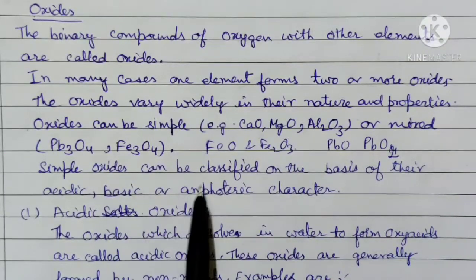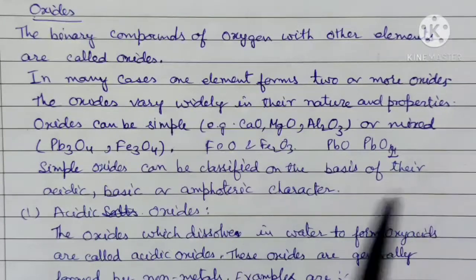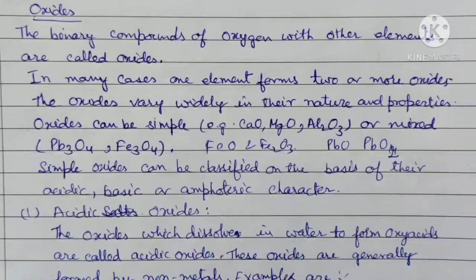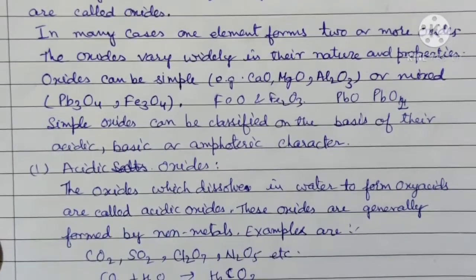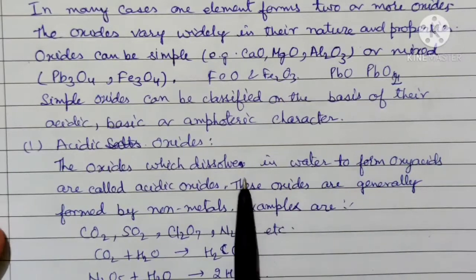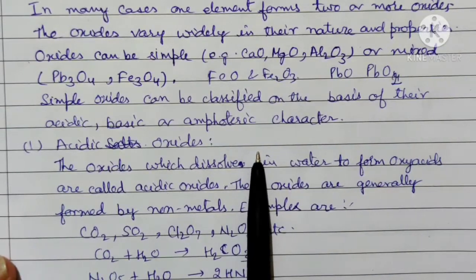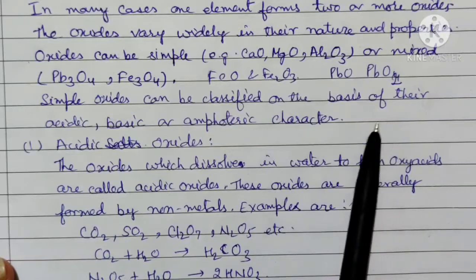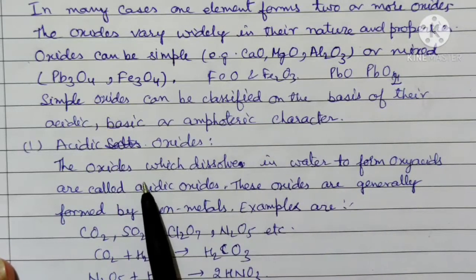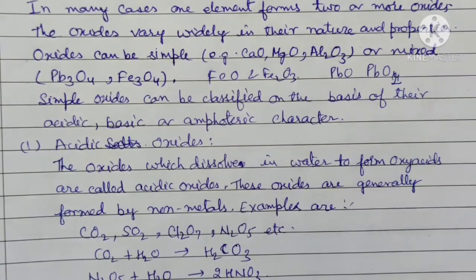The simple oxides can be classified on the basis of their acidic, basic or amphoteric character. Now we can classify the oxides on the basis of their nature. Nature means what the nature of these oxides will be when they are dissolved in water. On this basis, they are classified as acidic oxides, basic oxides, amphoteric and neutral oxides.